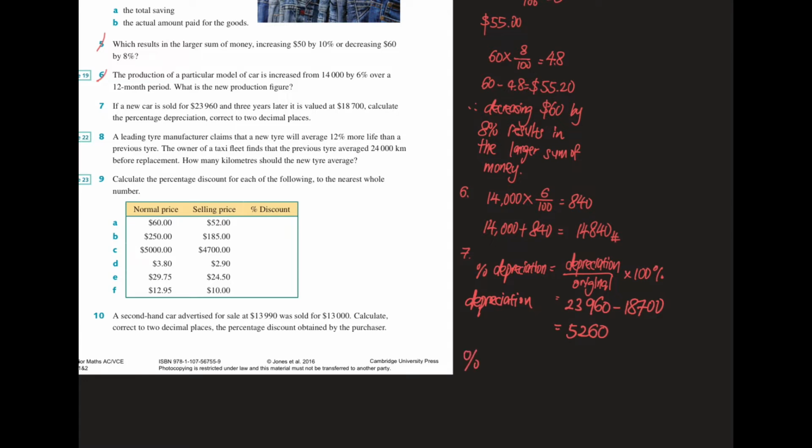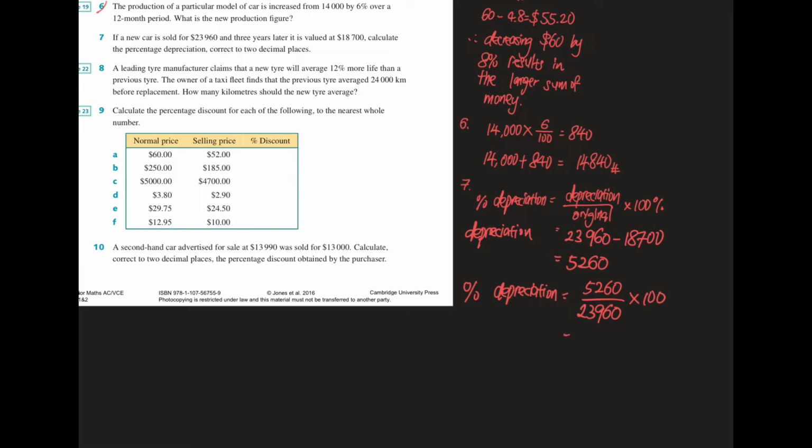Now we can find the percentage depreciation by using 5260 over the original. The original is $23,960 times 100%. Then let's count this out.